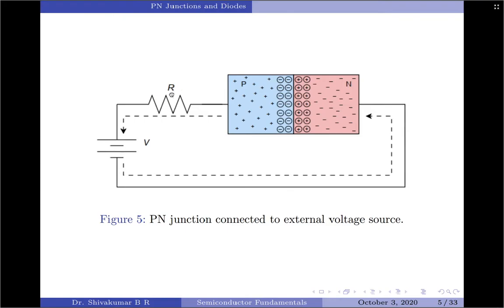Now, the trick here is to assure that the supplied potential is large enough to overcome the effect of the depletion region. That is, a certain voltage will be dropped across the depletion region in order to achieve current flow. This required potential is called the barrier potential or the forward voltage drop, or as commonly known, the threshold voltage.